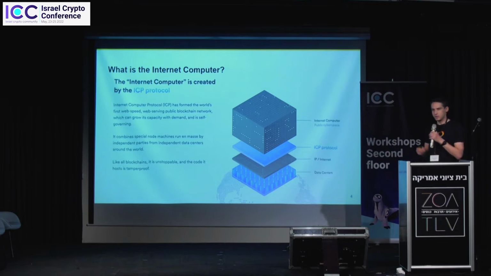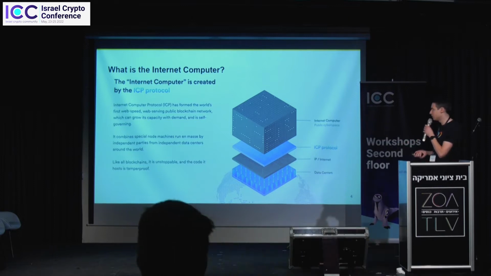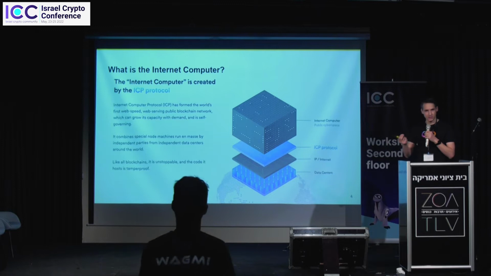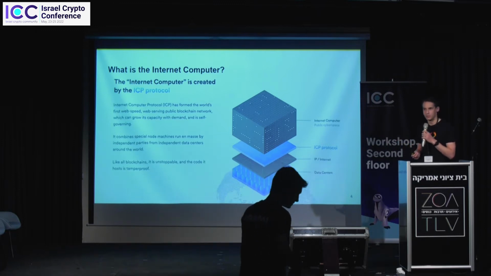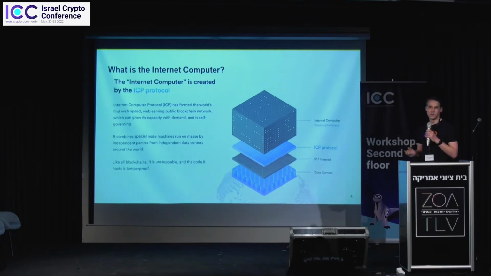And it's not only fast because we can scale to a high number of chains in parallel and have high throughput, it's also really fast in general on a single chain. So our consensus algorithm reaches finality in 1.5 to 2 seconds. So this is what we call web speed, because it's actually fast enough to do HTTP interactions directly on chain.